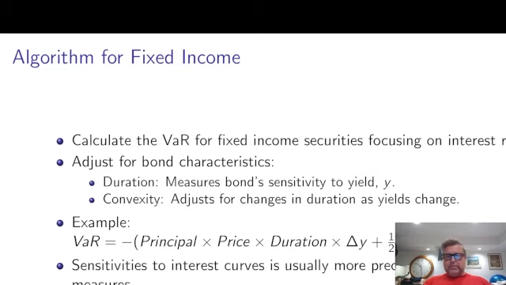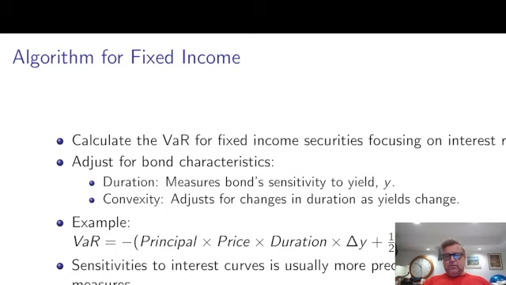And then plus the convexity term, so it's 1/2 times the convexity times the change in yield squared. That is a standard formula. You will see that many times, how you can approximate a change in value by duration times the change in yield plus 1/2 convexity times change in yield squared.